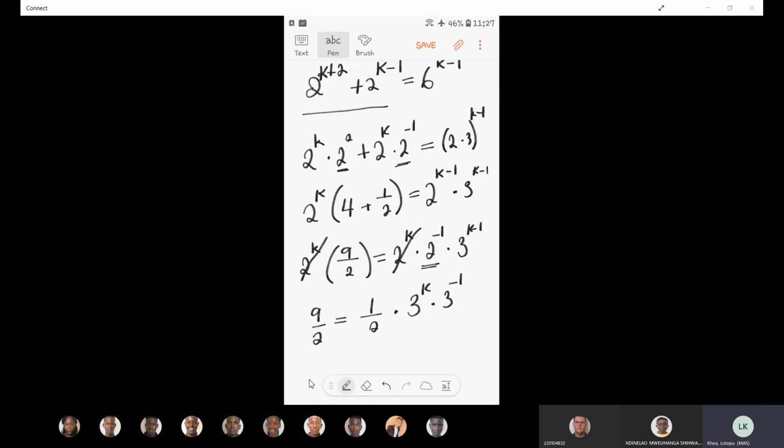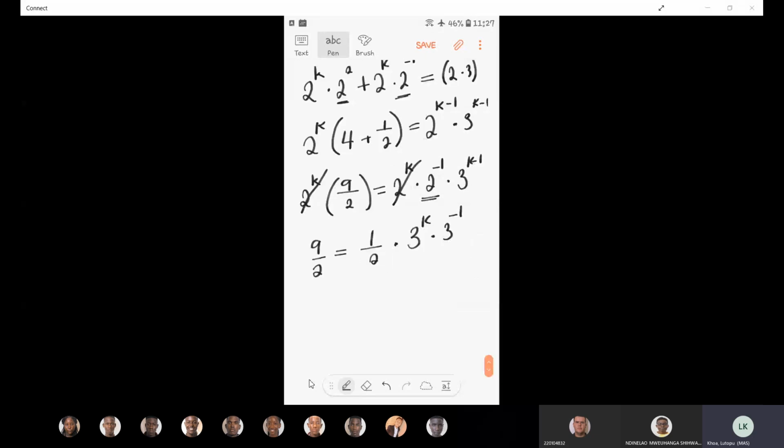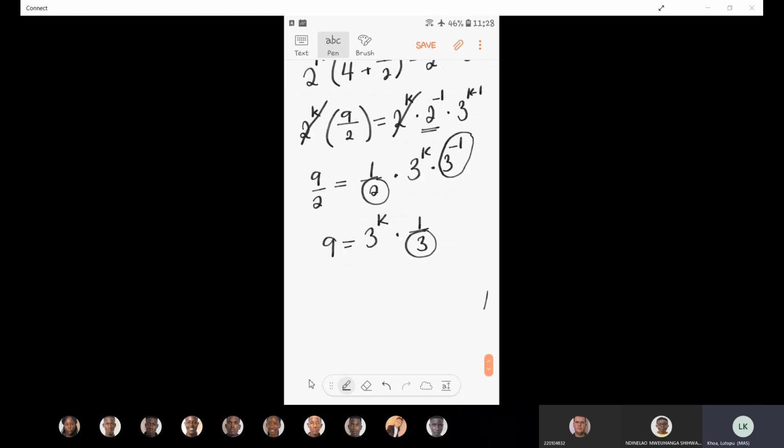Okay, then first getting rid of this 2 in the denominator, I multiply both sides by 2. So I have 9 is equal to 3 to the power of k times 1 over 3. 3 to the power of minus 1 is 1 over 3. And then I multiply by the 3 on both sides. So what I have is 3 to the power of k equal to 9 times 3.